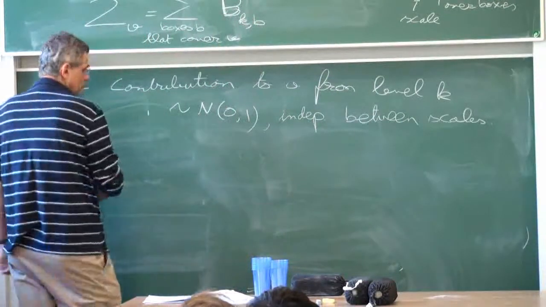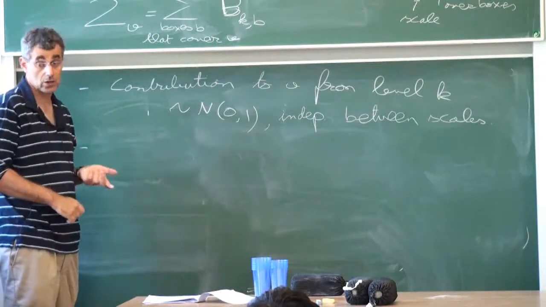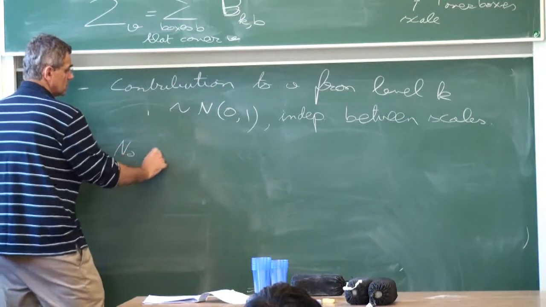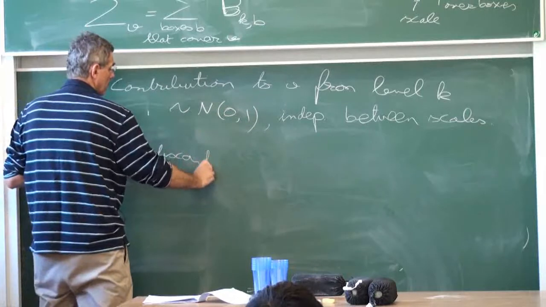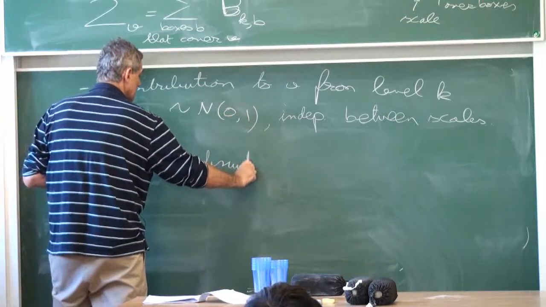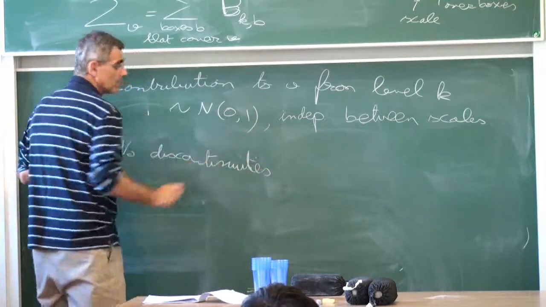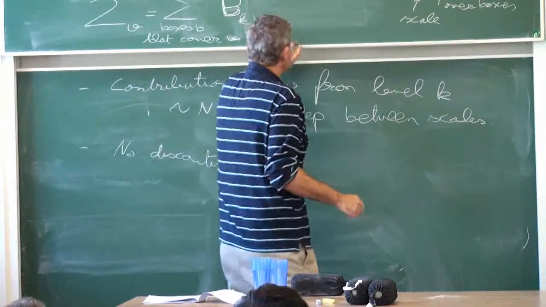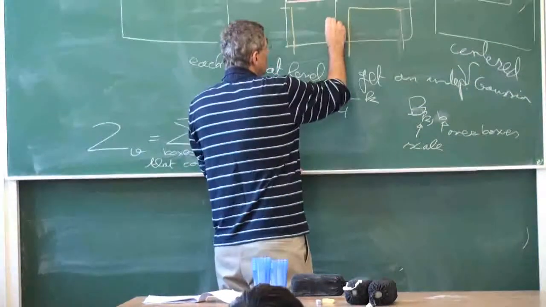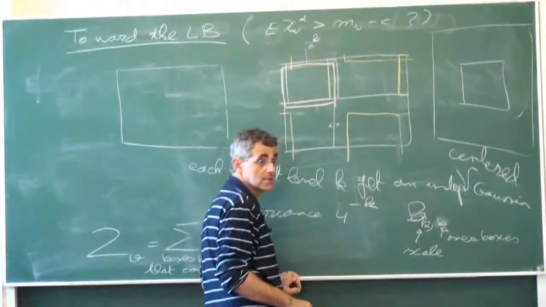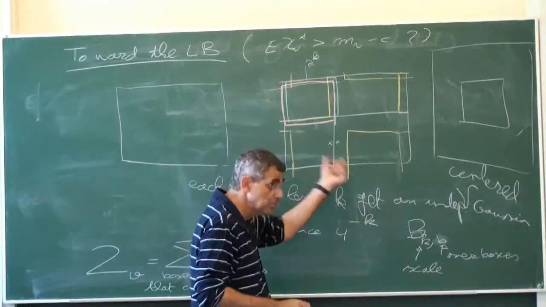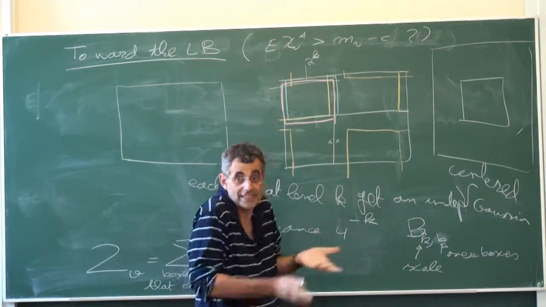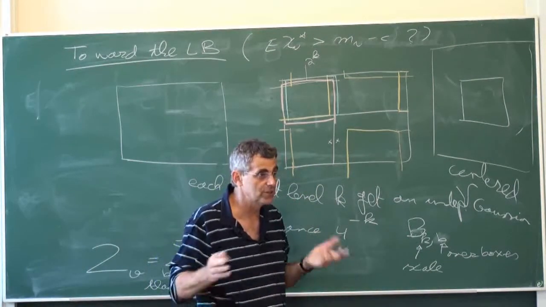The second point to note, and still in a qualitative way, is that there are no discontinuities. What I mean by that is that now distances or covariances are smooth in the Euclidean distance, because in fact, they are a function of the Euclidean distance.